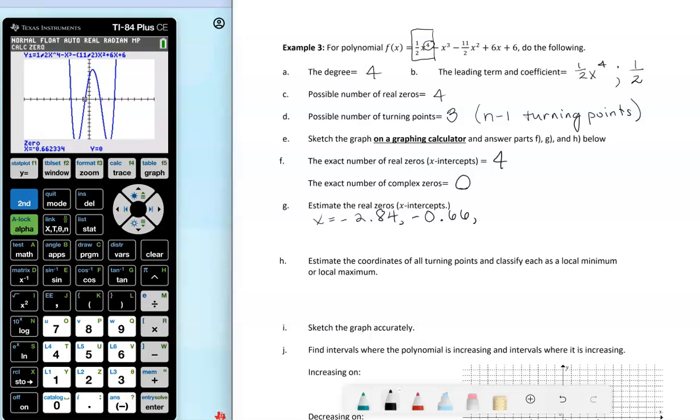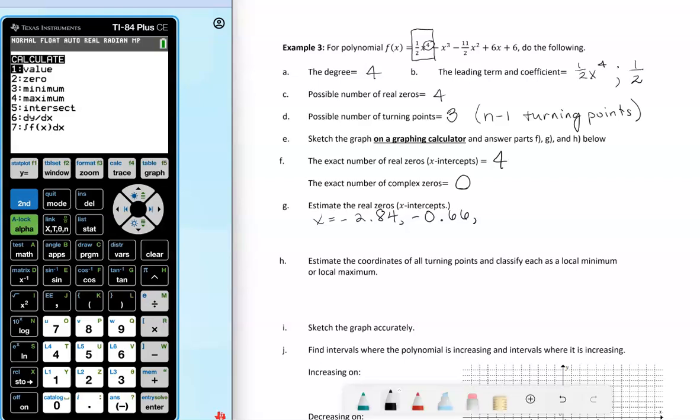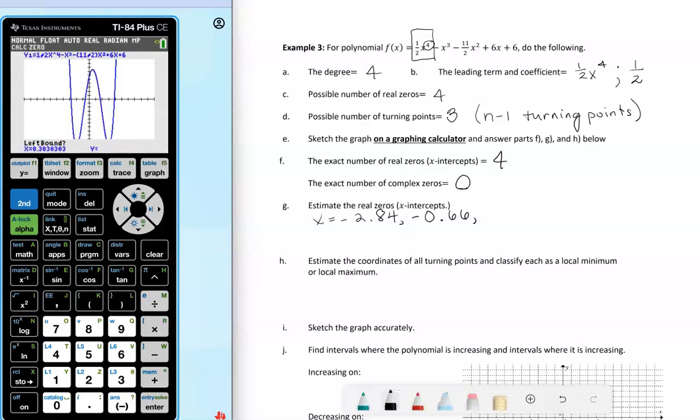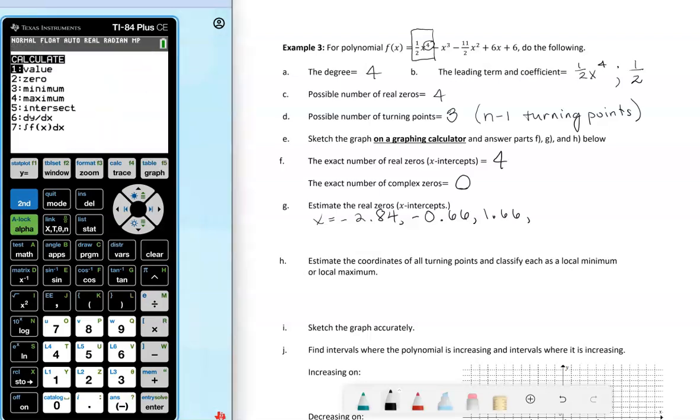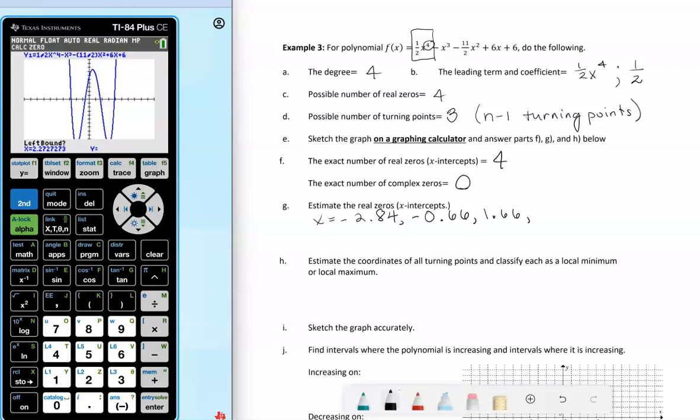And then the next one is 1.66, and the last one is 3.84.